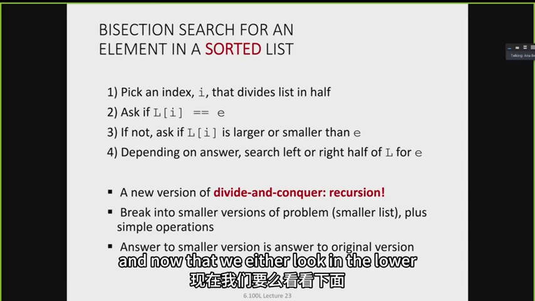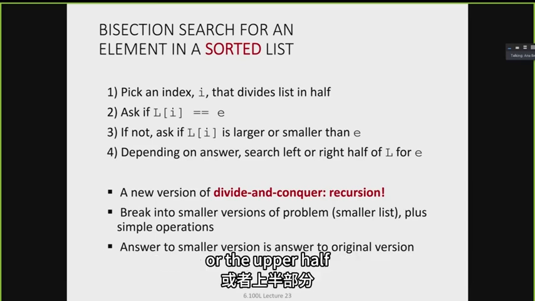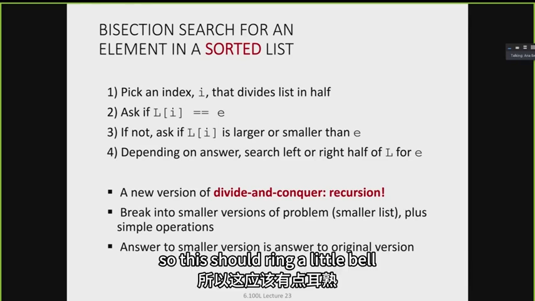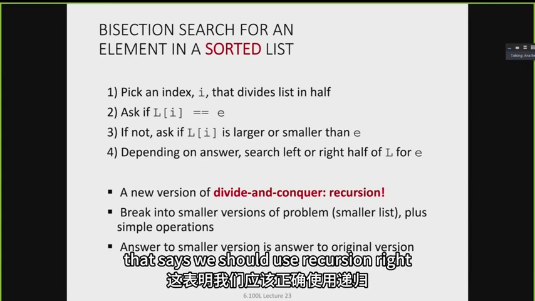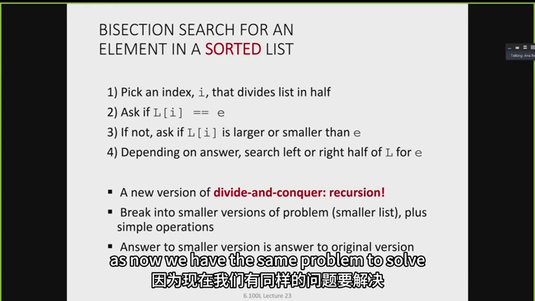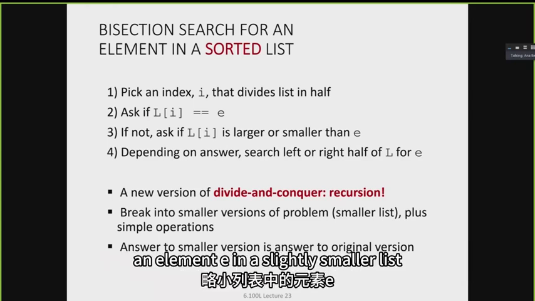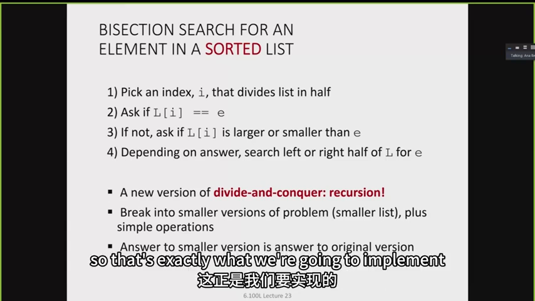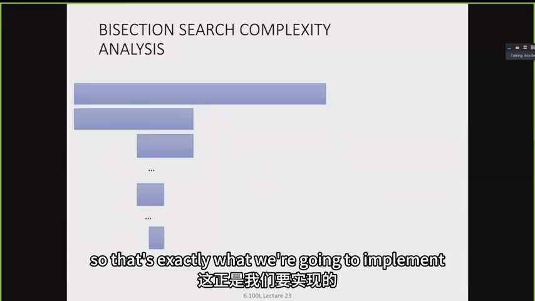And now that we either look in the lower or the upper half, we notice we have the exact same problem to solve. So this should ring a little bell that says we should use recursion, right? As now we have the same problem to solve, an element E in a slightly smaller list. Is it in that list, right? So that's exactly what we're going to implement.